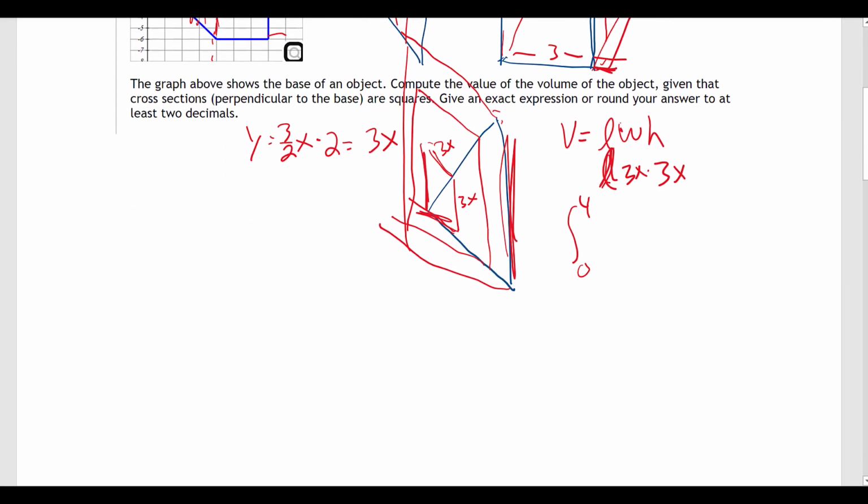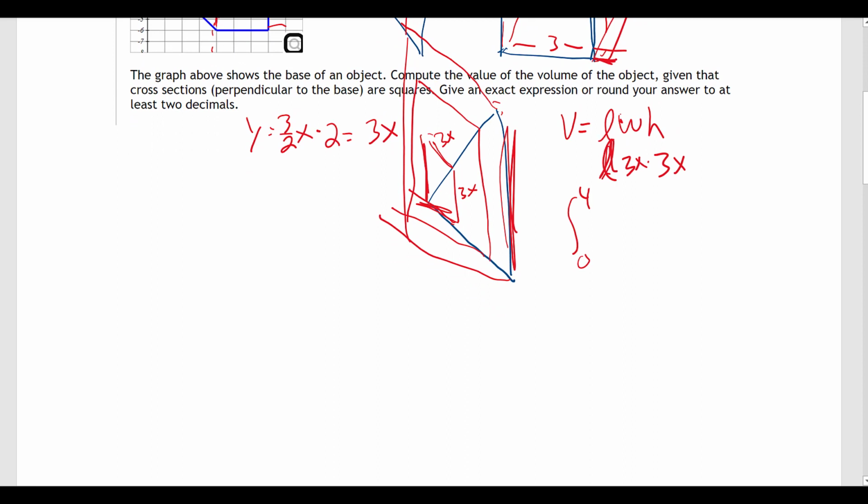Of this, 3x times 3x is 9x squared. That gives me the width and the height, and the length would be the dx. That's the part we're integrating. And so we end up with 9x cubed over 3, from 0 to 4.